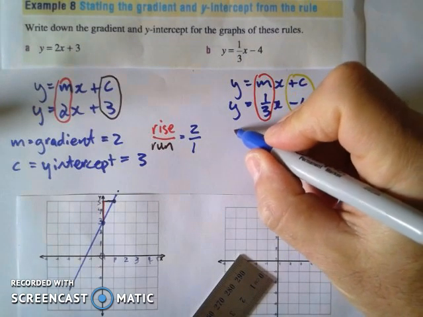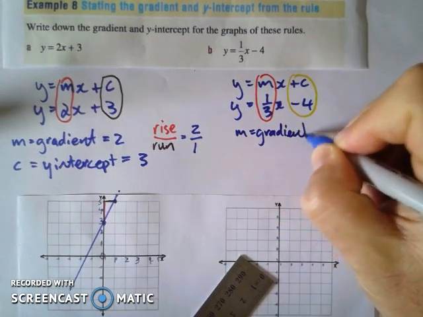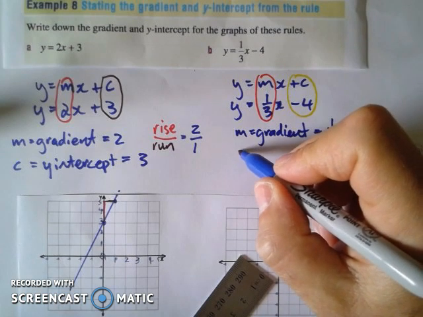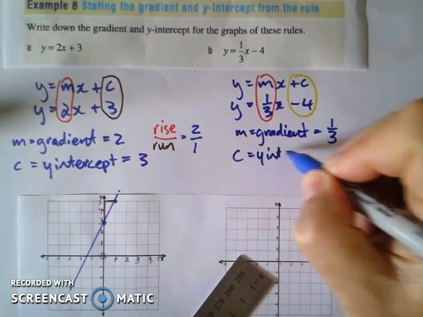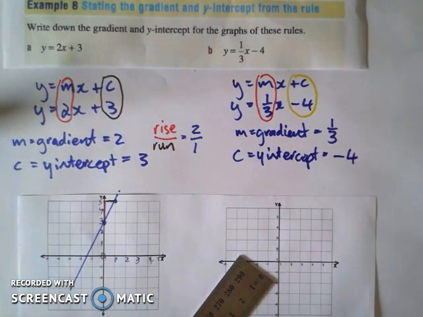So I'm going to say gradient, m equals 1 over 3, and my c equals my y-intercept, which is -4.